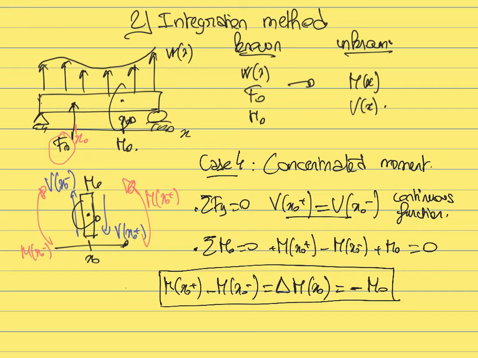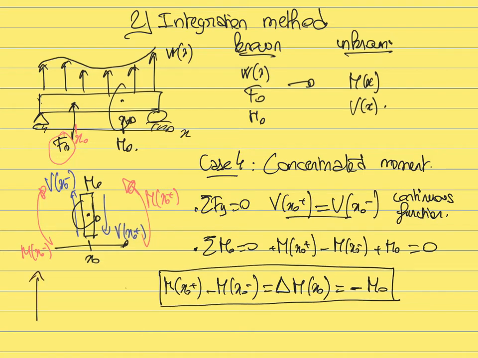So one thing to remember is that if you have a concentrated moment m naught at a given point, if this moment has a positive projection, if it's an anti-clockwise moment, then it is going to induce a discontinuity, but this discontinuity is going to be negative. It's going to be equal to minus m naught.